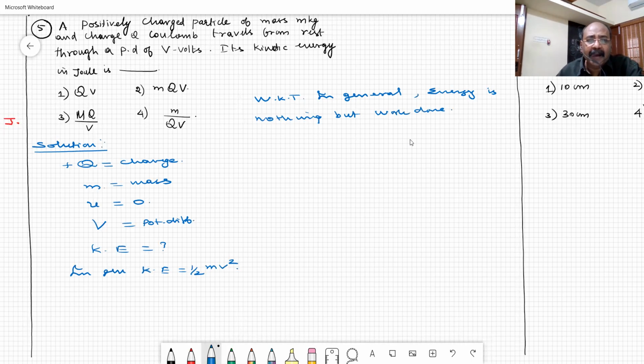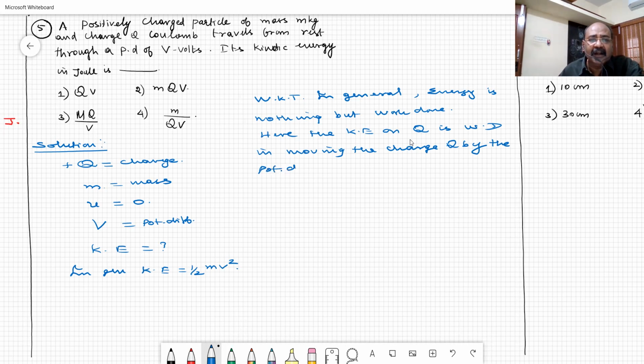Here, the kinetic energy on the charged particle Q is the work done in moving the charge Q by the potential difference V.